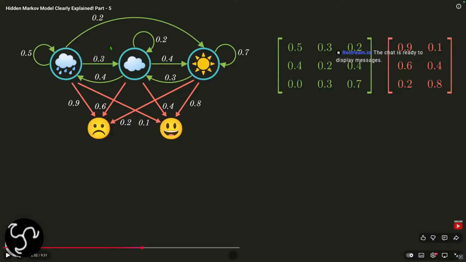Wait. So point 0.5, that's for rainy season to happen again. Point 0.4, that's for the normal day to switch to rainy season. And point 0, what the fuck is that? What? Point 3? Point 3, the rainy day, the chance of rainy day to go to normal day. Point 2 again. Again, we got a point 3. Is it the chance of sunny day to be a rainy day? Okay, that makes sense.